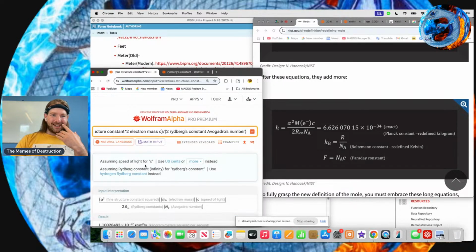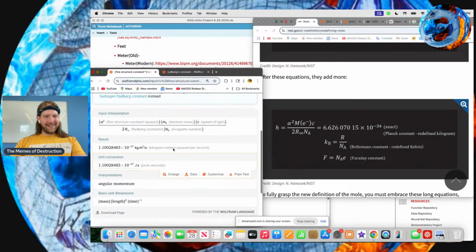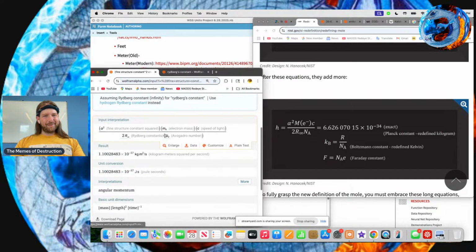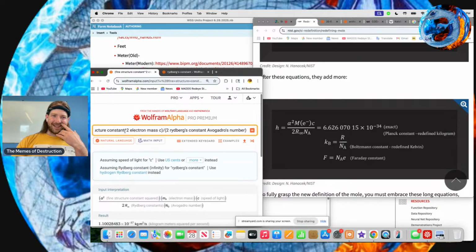So we got alpha squared, mass of the electron, c. You got two Rydberg's constants, Avogadro's. Oh, it's supposed to give us... Hold on. What dimension? We are in angular momentum, but... Wait a second.